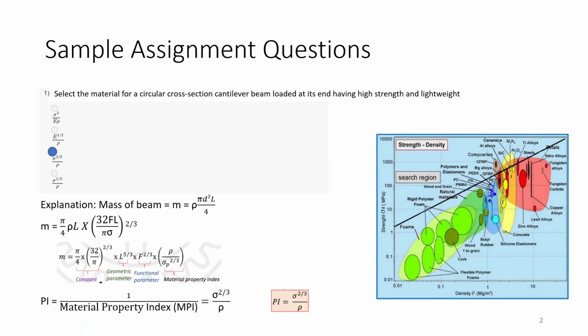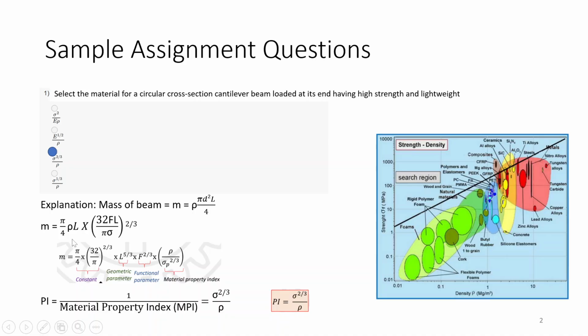It can be further written in terms of stress, force and length, so d squared is written in terms of force, length and sigma, as 32 FL divided by pi sigma, to the power 2/3.